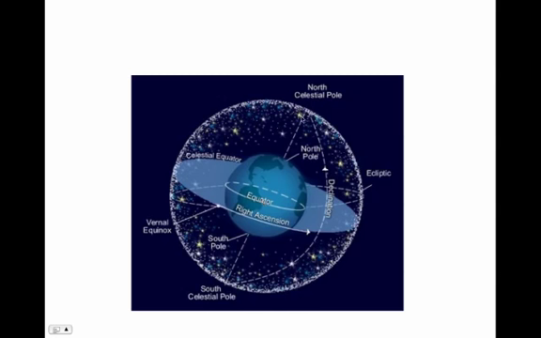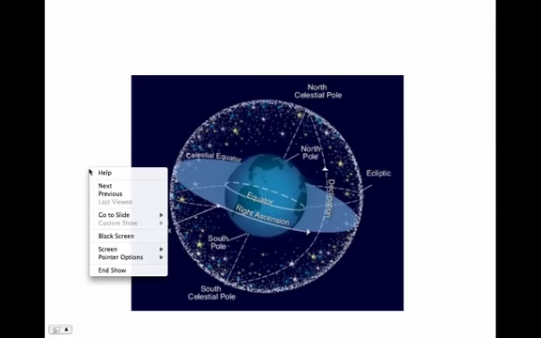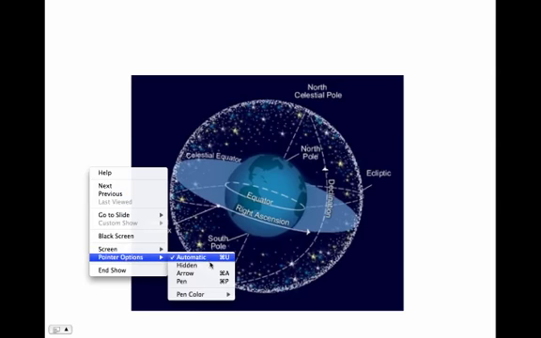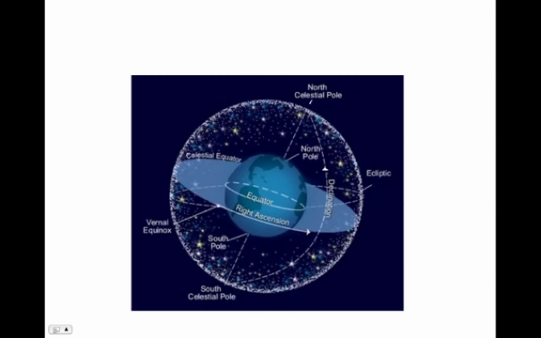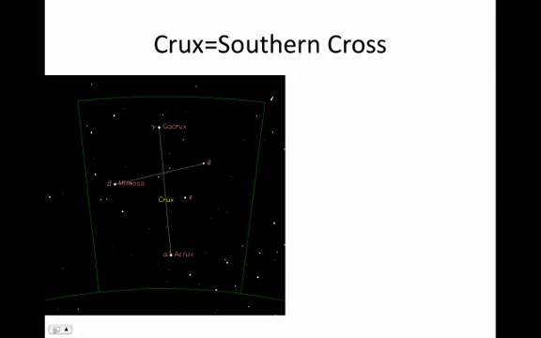The axis of the Earth points to something called Polaris at the top, at the north end. Right up here, Polaris. But when we're standing and we look straight up, we're looking up to something called the zenith.